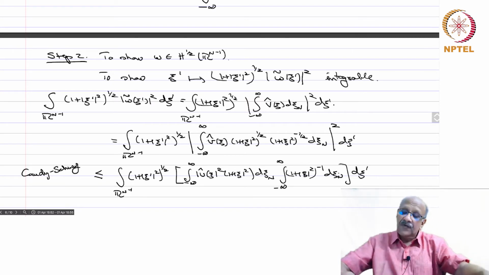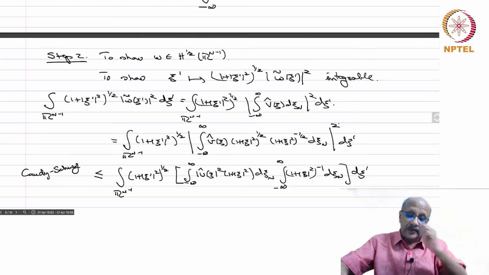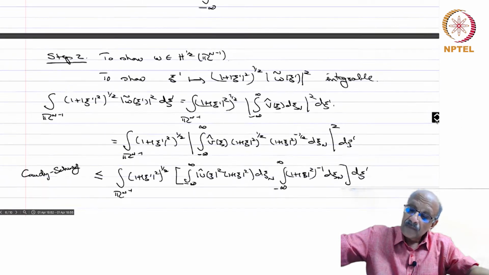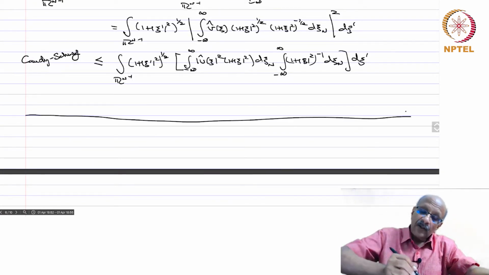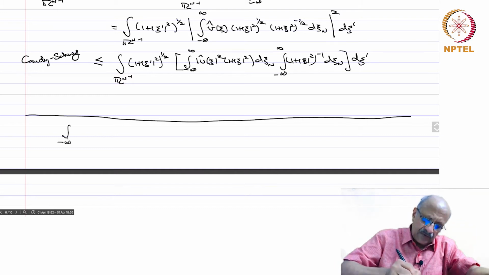So the power half which should have come is taken up by the square here, and therefore we have this. So now let us look at this integral from minus infinity to infinity of d xi n by 1 plus mod xi square.